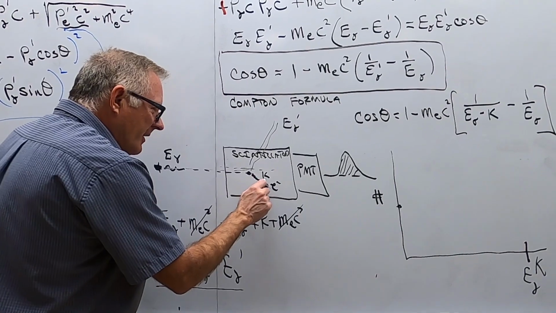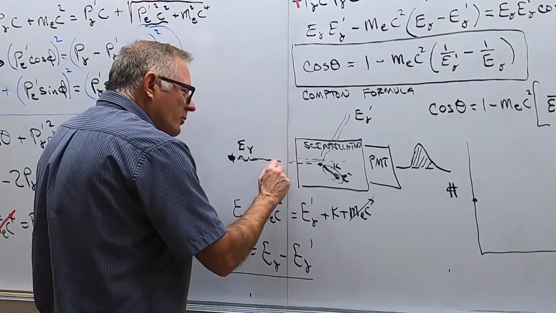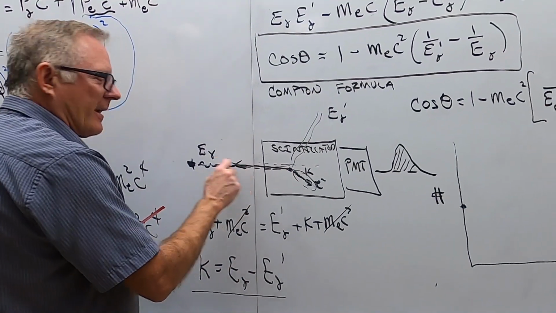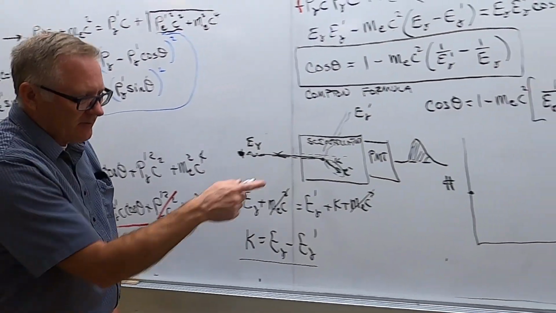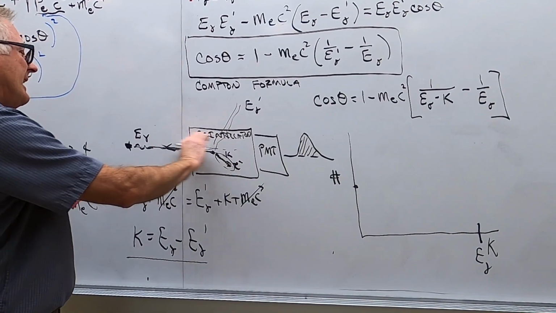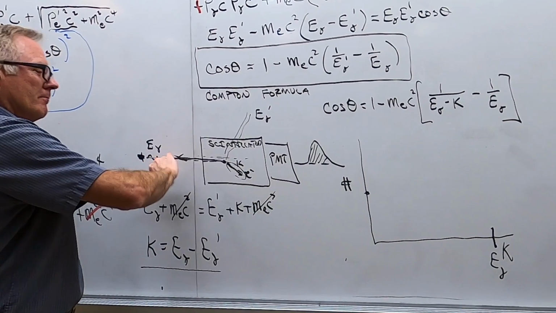To give it the maximum amount of energy, you want to hit it head on right here, and then which way does the photon bounce? Straight back. So the most energy you can give to this electron is a head-on collision, and that would mean the angle is 180 degrees. You would scatter completely back.